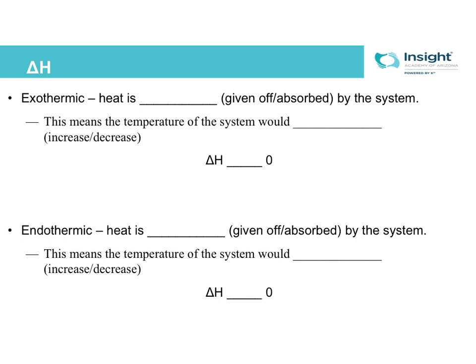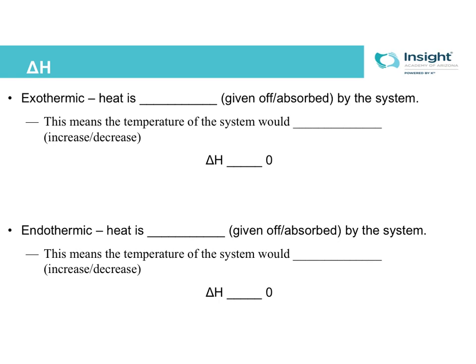So something to think about is the sign on delta H. That is going to tell you if a reaction is endothermic or exothermic. So let's think our way through this based on what we already know. We've already defined exothermic changes or processes as when heat is given off by the system.